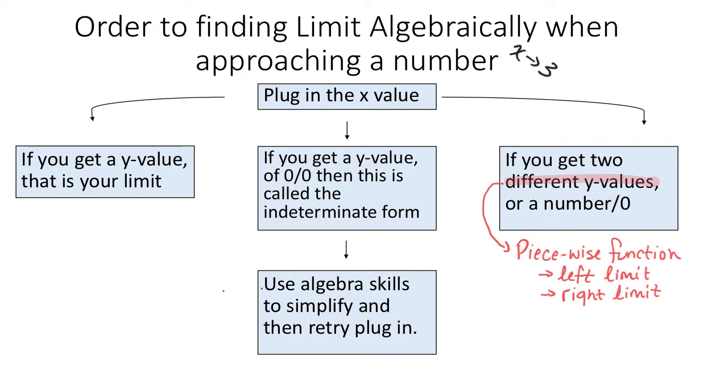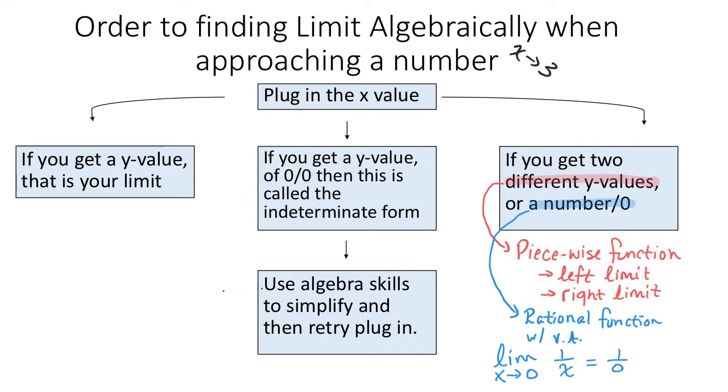Talking about really quickly a number over 0, because I actually don't have an example in this video about this. If you have a number over 0, this is coming from a rational function with a vertical asymptote. So for example, if I tried to approach 0 on 1 over x, I would get the number 1 over 0.